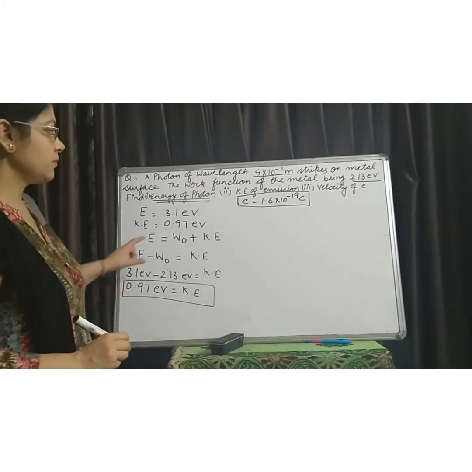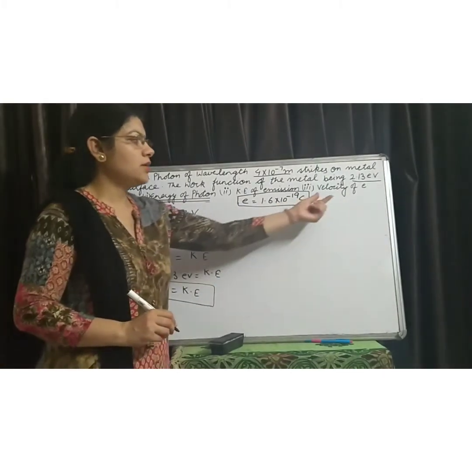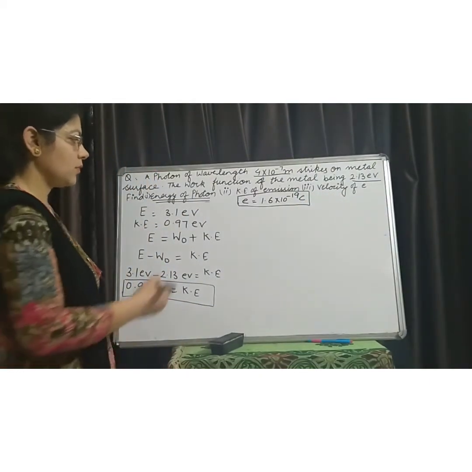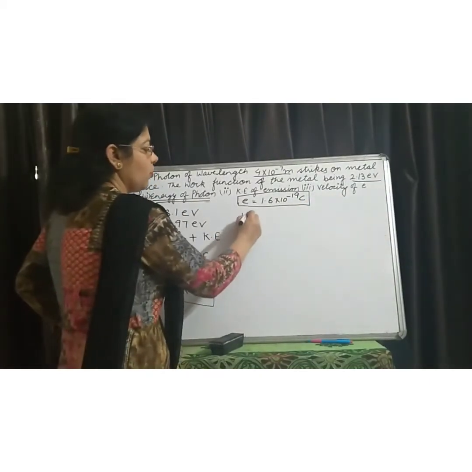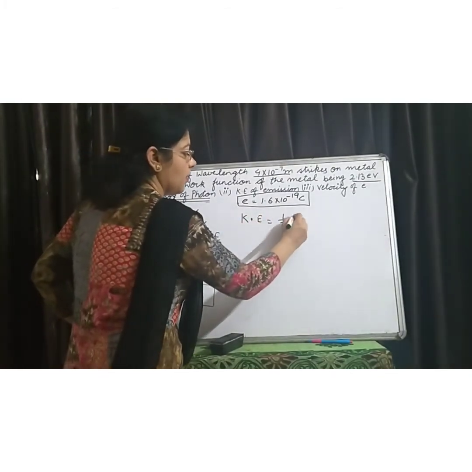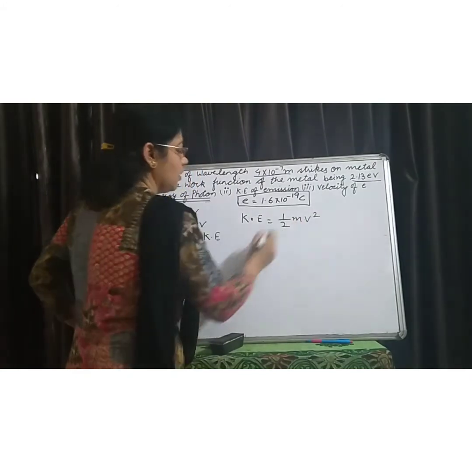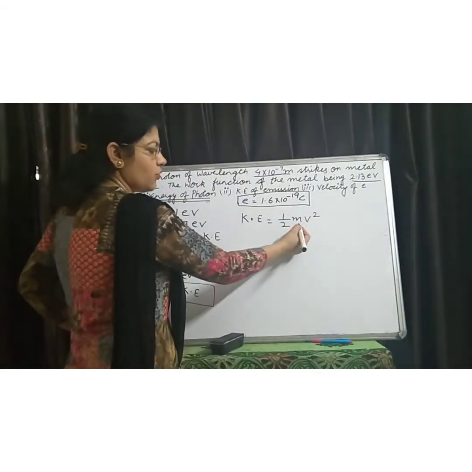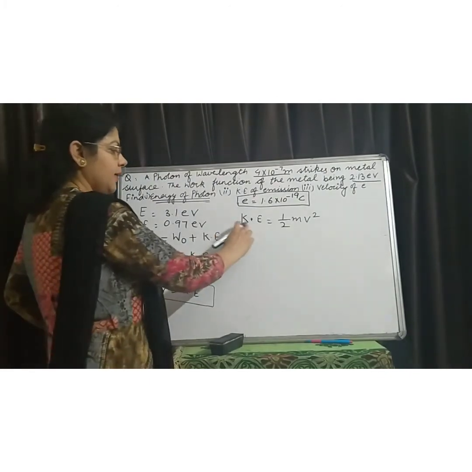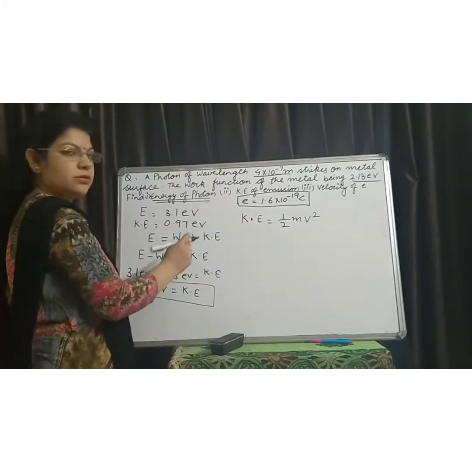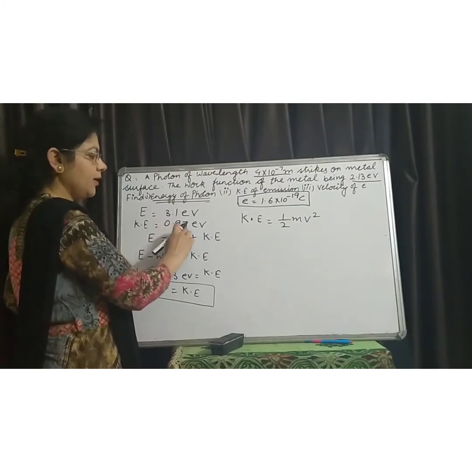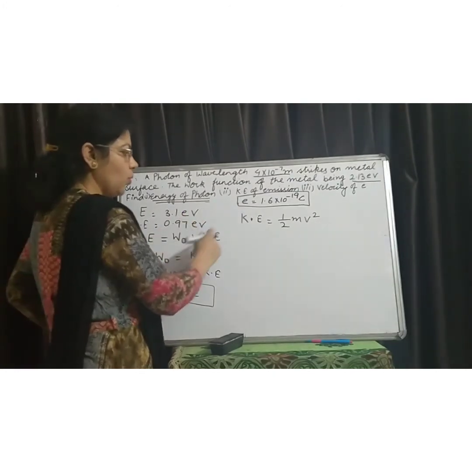The third thing we have to find is the velocity of the electron, and we know that the formula of the kinetic energy is half m v square, where m is the mass of the electron and v is the velocity of the electron. Kinetic energy we have already calculated, that is 0.97 electron volt.